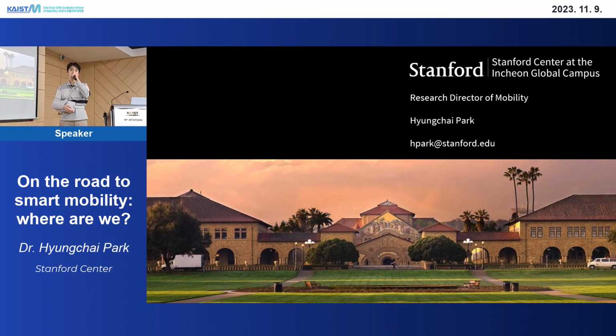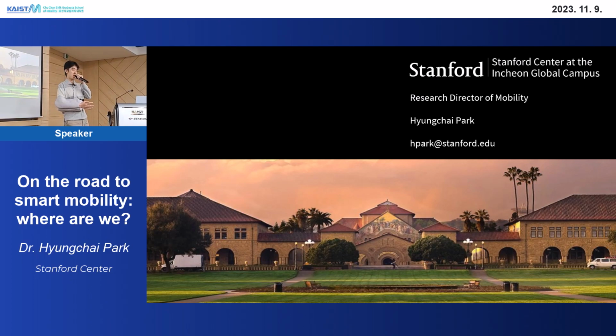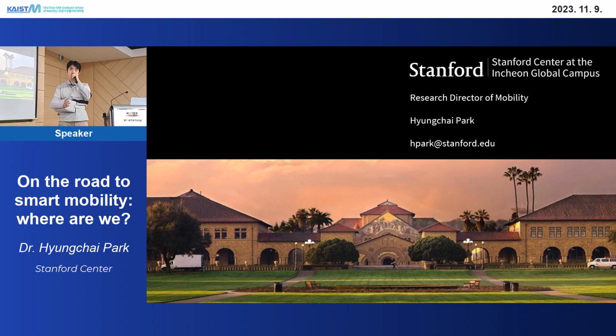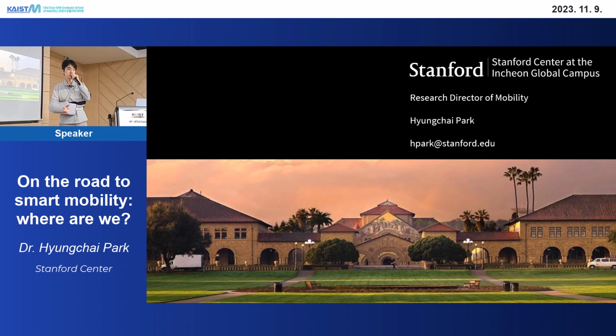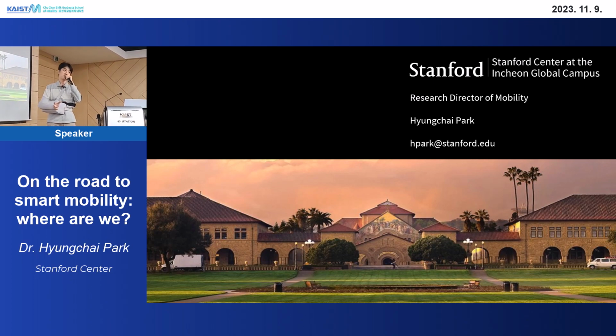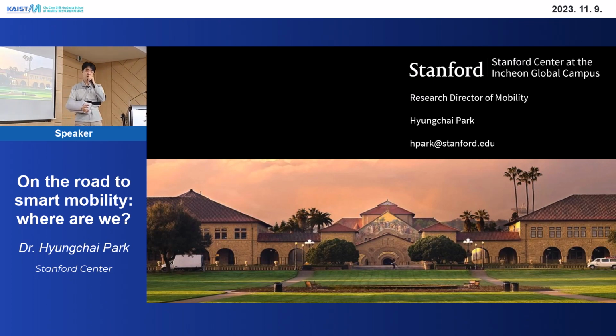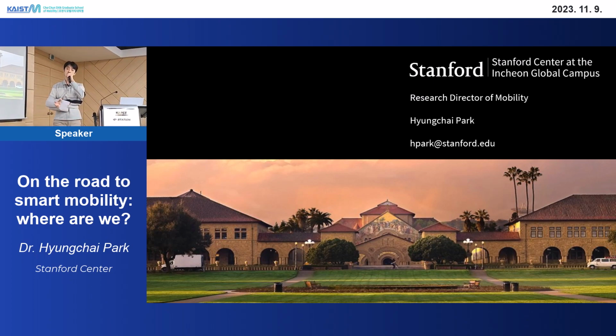I think there should be no general solution that can solve the mobility problems of every city. I mean, do you think the smart mobility in Daejeon should be the same as the smart mobility in Seoul? Probably not, because the situations of each city are very different. So we might need different approaches or different solutions.